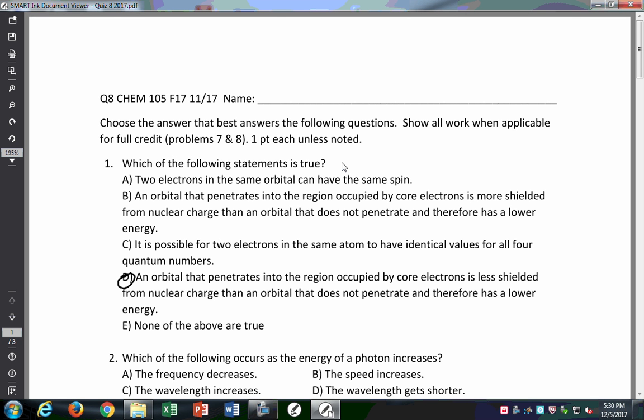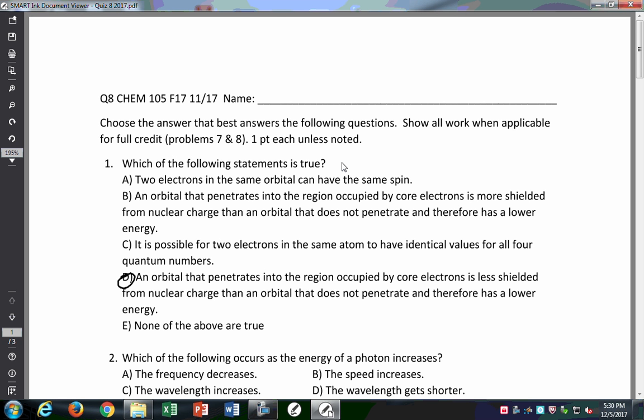An orbital that penetrates into a region occupied by core electrons is less shielded because it's more in there with the core electrons. And remember, electrons in the same energy orbital aren't shielded from each other. So it's just the inner ones shielding the outer ones. So the more you get in, the less blocking you have, and that's why sometimes the d orbitals in a higher energy level are lower in energy because of that penetration.